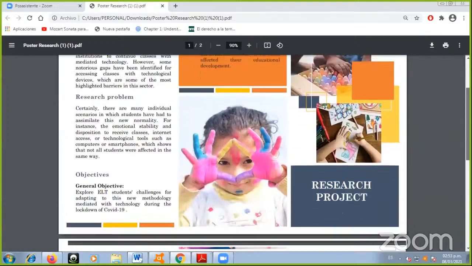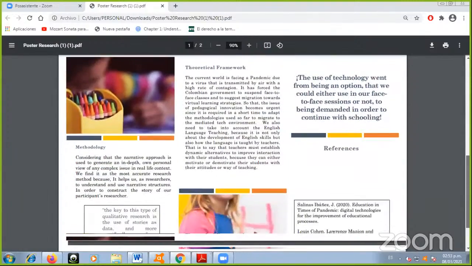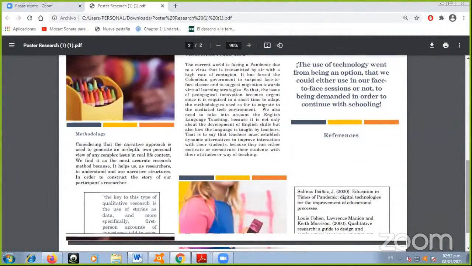So, on the other hand, we have the methodology. The methodology of our research project is narrative, considering that the narrative approach is used to generate in depth a personal view of any complex issue in a real life context.